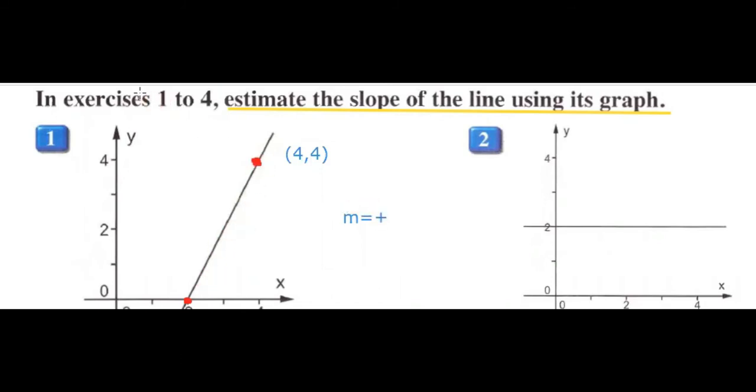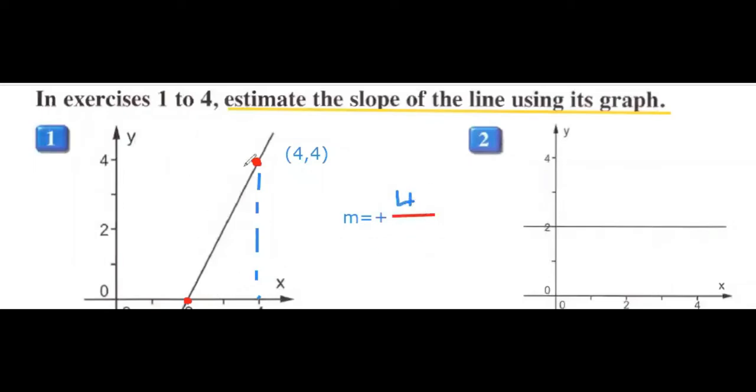And it is what over what? It is vertical change over horizontal change. Let's say vertical change is from this point to this point. Look here, we have how many numbers till the horizontal of the other points? We have only 4. So we have 4 at the top because this is dy over dx.